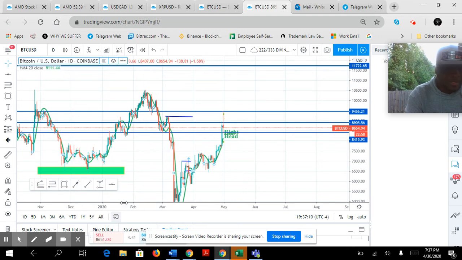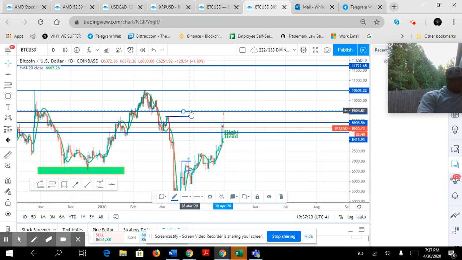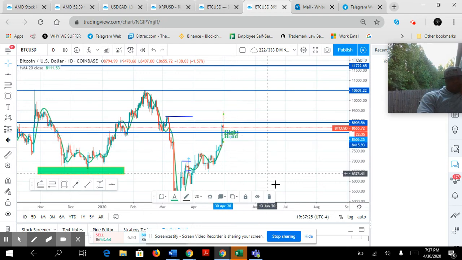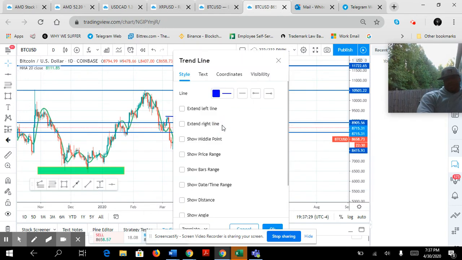We've got to break this. It doesn't matter what Bitcoin is doing right now. We've got to break 10.5. If we don't break 10.5, it could be bad, but a good bad.